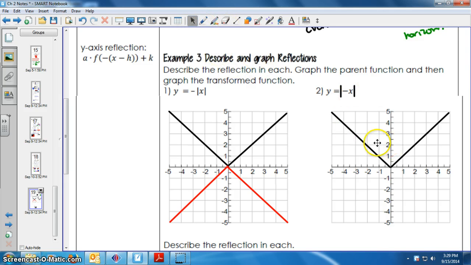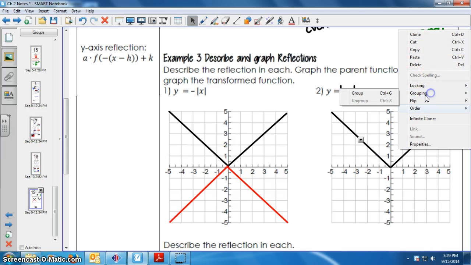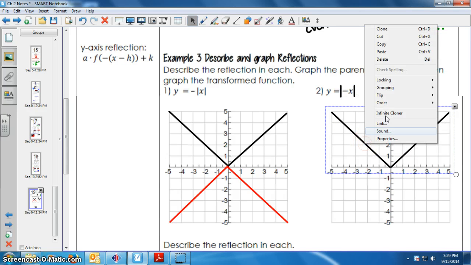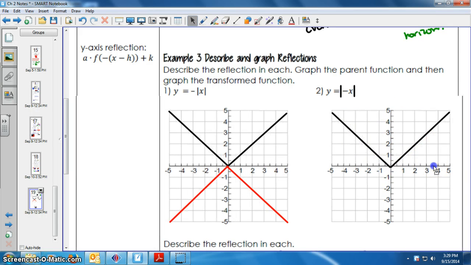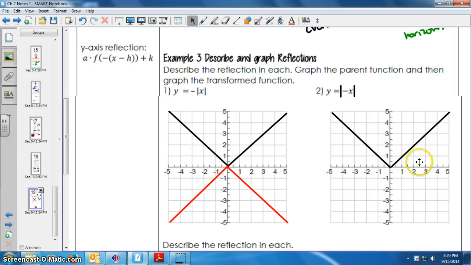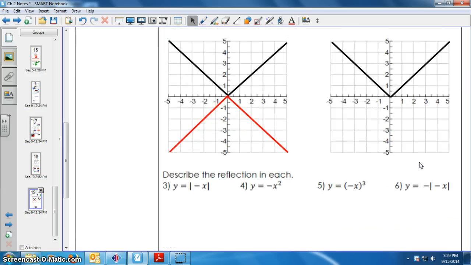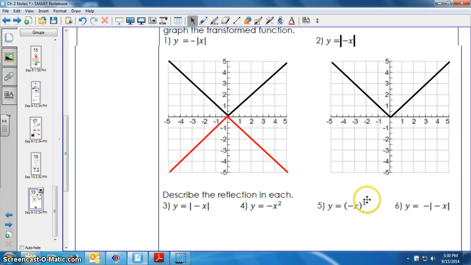So let me go ahead and group this. We're going to flip it left to right. And notice that it's not really changing. It's going to still, since it's going this direction, kind of mirror itself. And it looks like it really hasn't changed at all, but it has been reflected. It's just been reflected over the y-axis.